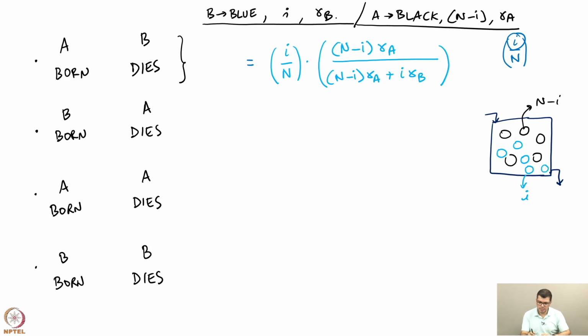So, this is the probability that an A individual is born. In the numerator we have the total fitness of A individuals, which is the fitness of each A individual multiplied with the number of A individuals that exist in the population. In the denominator, we have the total fitness of the entire population.